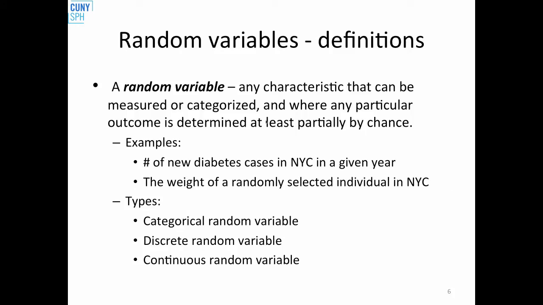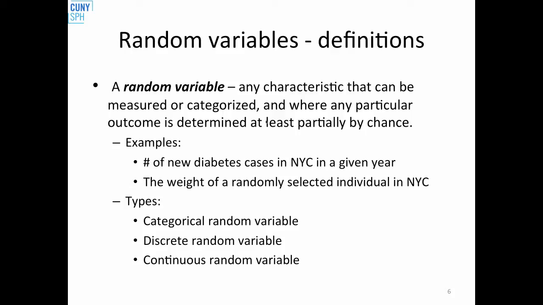A random variable is any characteristic that can be measured or categorized where any particular outcome is determined at least partially by chance. A couple of examples would be the number of new diabetes cases that will be seen in New York City in any given year, or the weight of a randomly selected individual in New York City, where you don't know the answer, but there is a probability of any particular outcome occurring.